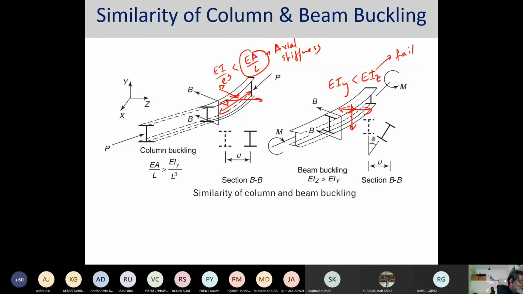It's making sense, right? Yes, sir. In a column, this direction is your strong direction, and that is your weaker direction for buckling to happen. In beams, this is your stronger direction, and that is your weaker direction, again for buckling to occur.